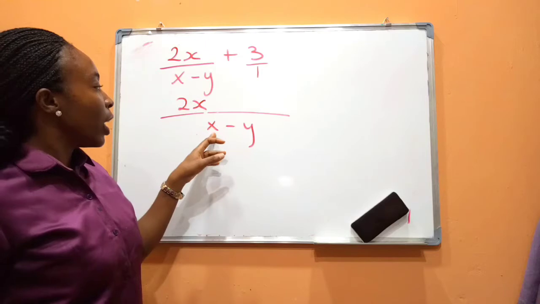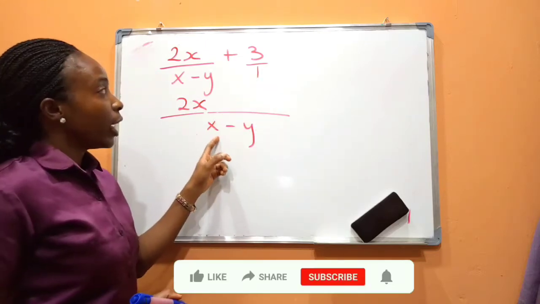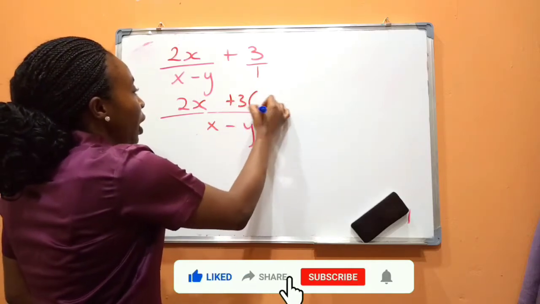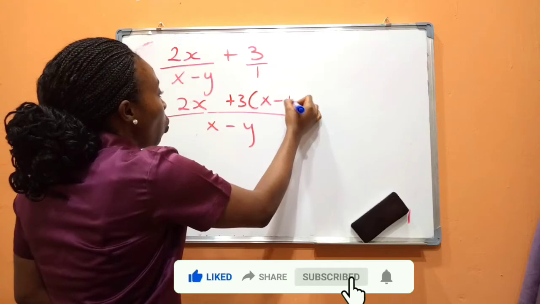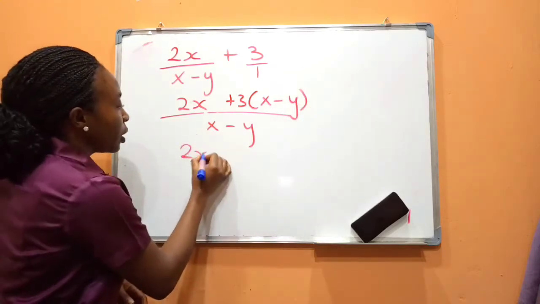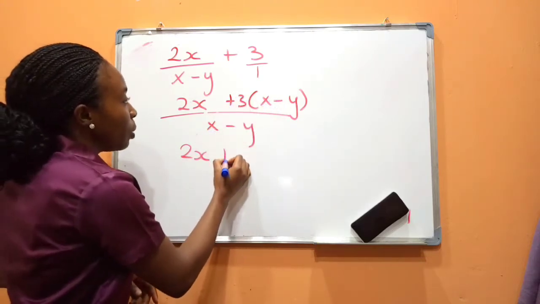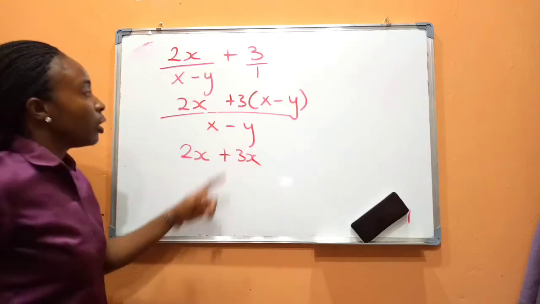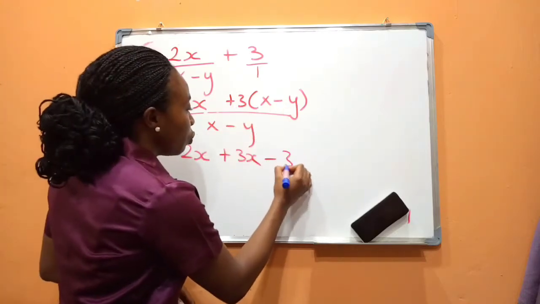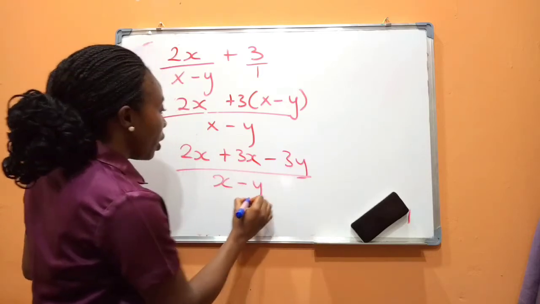Then x minus y divided by 1 gives us x minus y. So we are going to have plus 3 times x minus y. So we are going to have 2x, then we open up the bracket, plus 3 times x gives us plus 3x. Then plus 3 times minus y gives us minus 3y over x minus y.